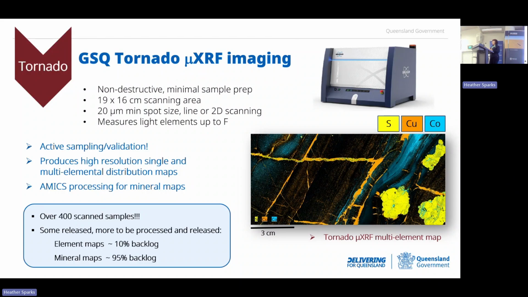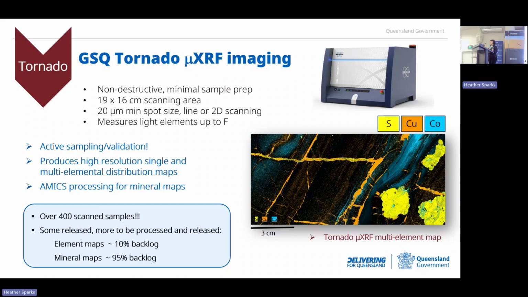Most of these samples are processed in terms of producing individual or combined multi-elemental maps. The instrument is also capable of producing mineral phase maps, but that is more involved processing, and we're really behind on that. But in general, we think even these elemental distribution maps give enough information in many cases.